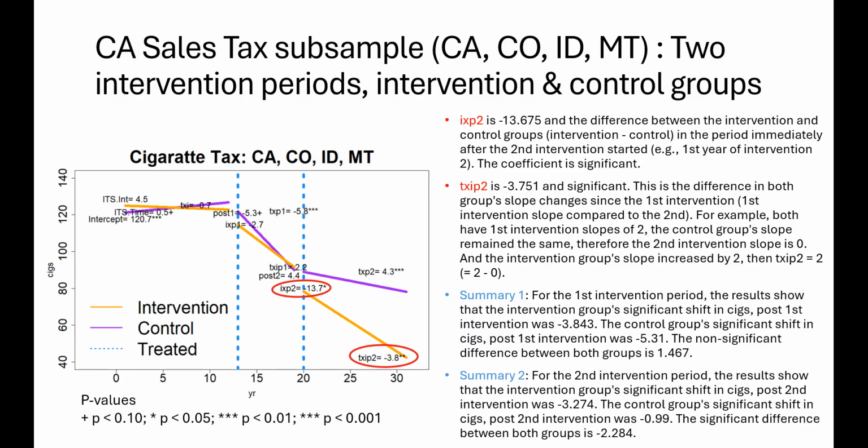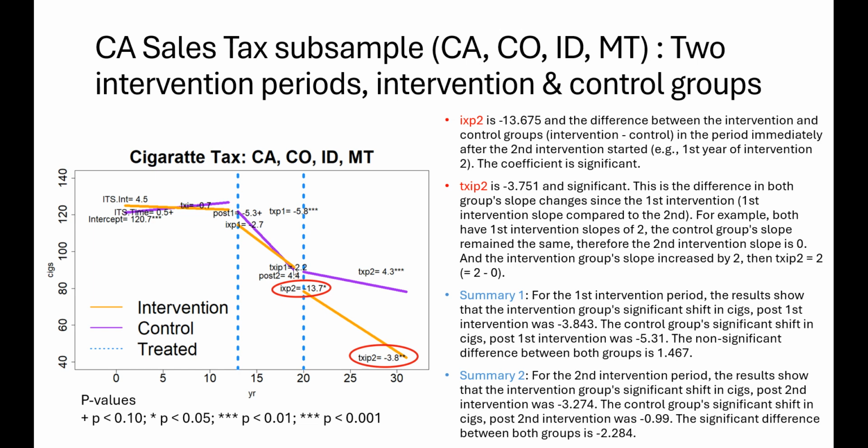So we're looking at the intervention trend minus the control trend, and the number you get is 13.7. So we see that purple line prior to the second intervention is very close to where that purple line begins, where the second intervention begins. We see that blue dashed line. There's not much difference there. So the change in their trend is about 0.